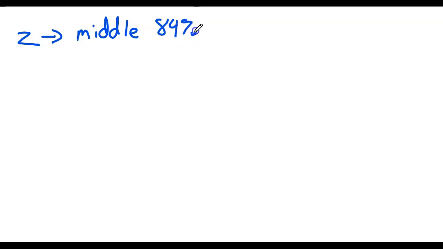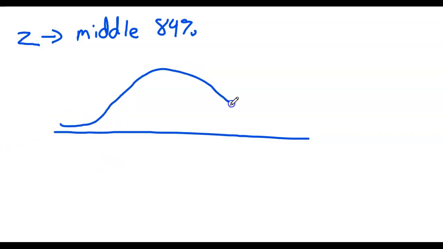So when you're looking for the z-scores that correspond to the middle 84%, what we have to do is draw the z-chart, or more likely, draw the normal distribution curve.